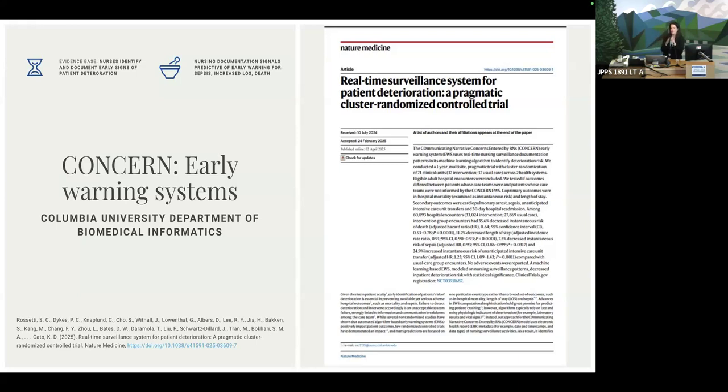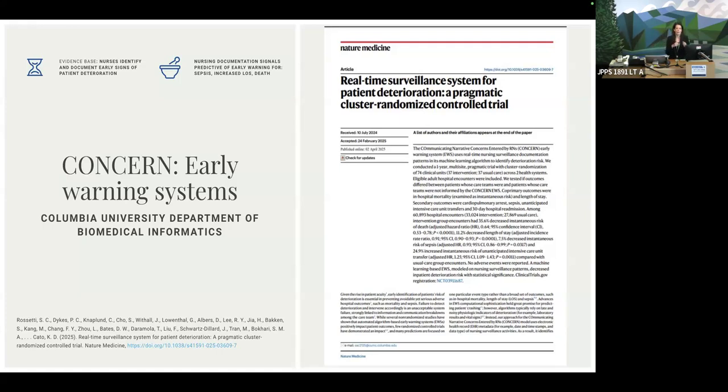And so what this group out of Columbia in the US is doing is looking at the signals of nurses' charting. So they are looking at things like irregular times of doing vital signs. It is looking at increases. Maybe you had 3 lines of charting, but for the last 2 hours, you've had 4 lines of charting.